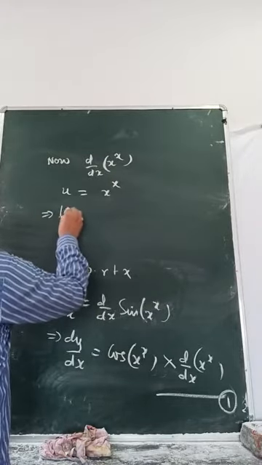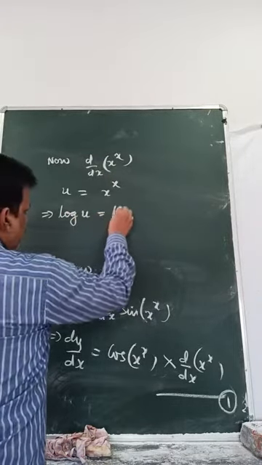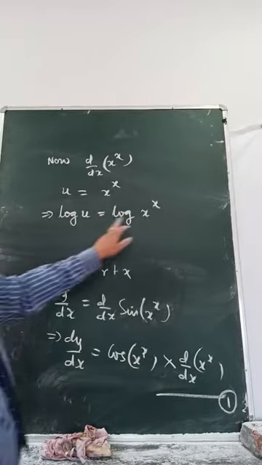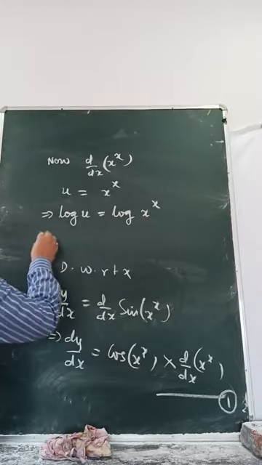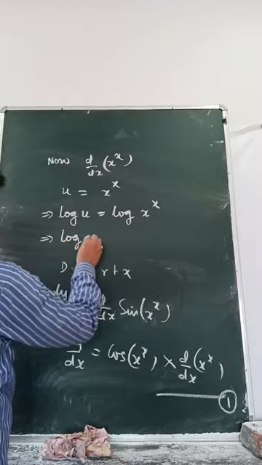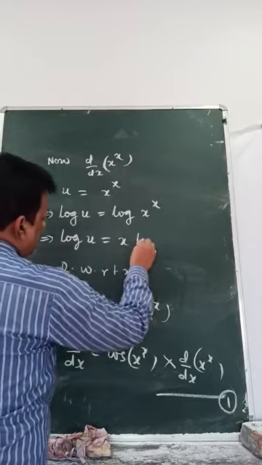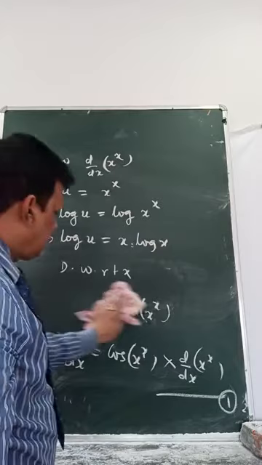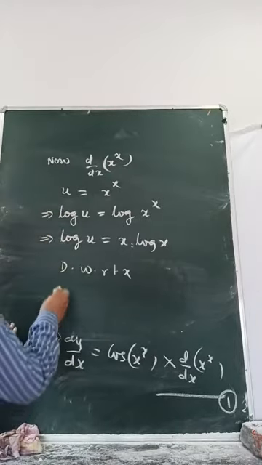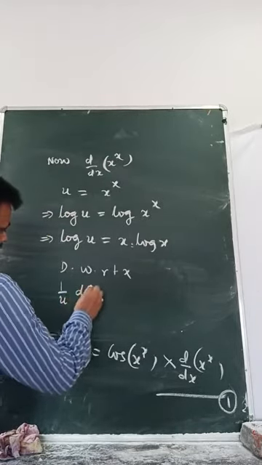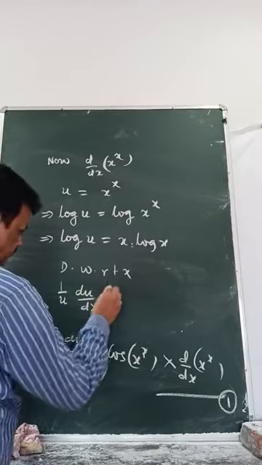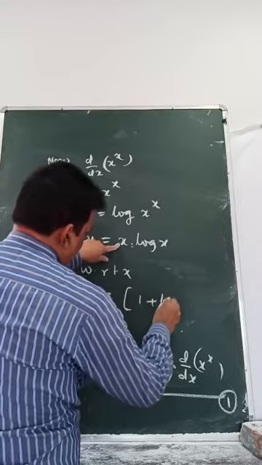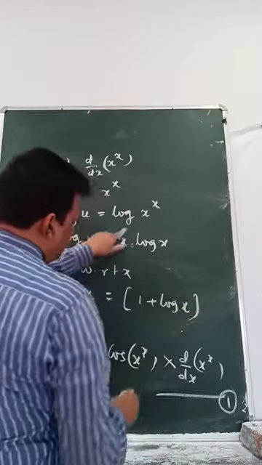This implies log u equals log x to the power x. This implies log u equals x log x. Okay, then differentiating with respect to x, this already I have told you. So 1 upon u du by dx equals 1 plus log x, this already I have written, or you can copy those lines here.